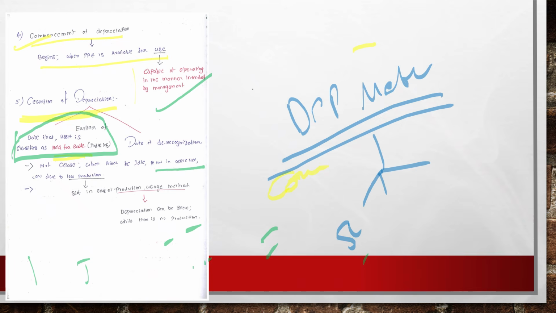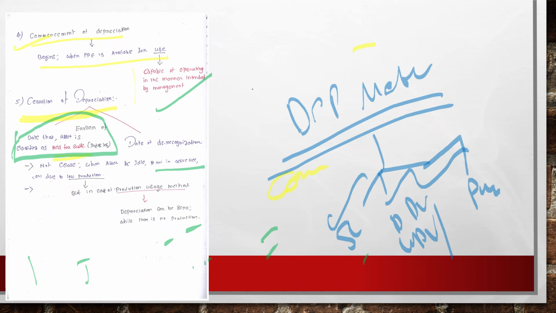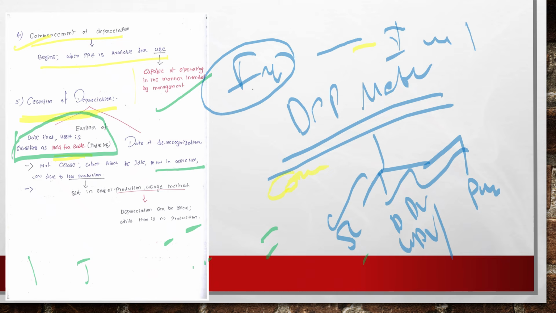Say straight line method, diminishing balance method, or else production usage method, and which method we should use, that we will do in the next classes. Post that we will see Appendix A, and then impairment situations, and then derecognition situations, everything in the channel.